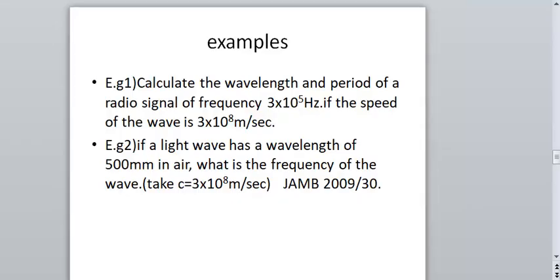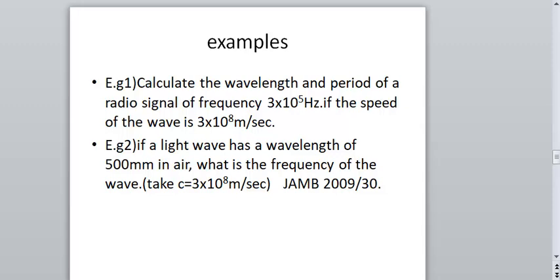Now let's look at the second question. Here we are asked, if a light wave has a wavelength of 500 millimeter in air, what is the frequency of the wave?